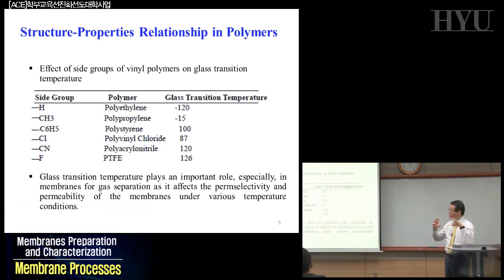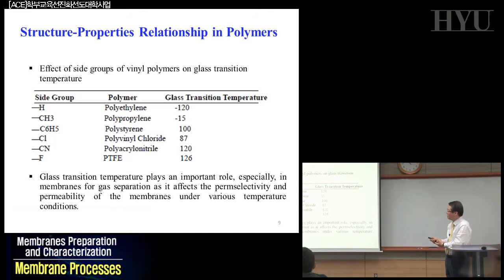If you have the methyl group as a substituent, then we call it polypropylene. If you have the benzene, there is polystyrene, vinyl chloride, and acrylonitrile. And if you have four F groups, or fluorine groups, we call it PTFE, polytetrafluoroethylene.